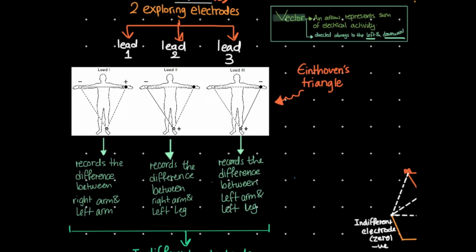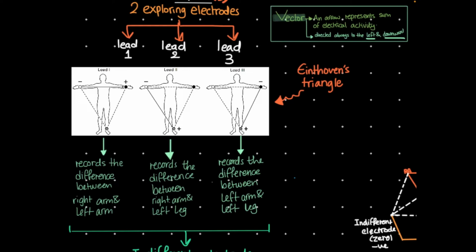ECG. We use the right arm, the left arm, and the left leg, not the right one, the left leg. Usually the right leg is used as an earth. We do not use it to calculate or to measure the potential.